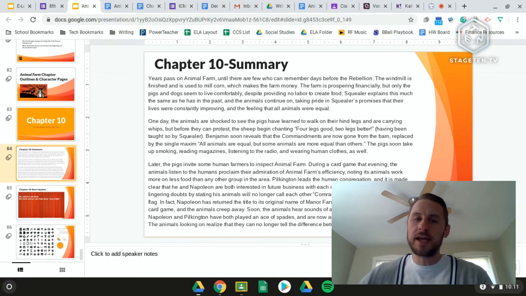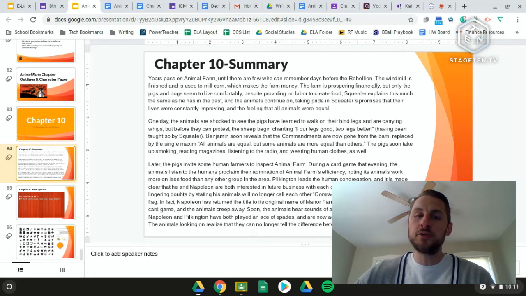But before they can protest, the sheep begin chanting, "Four legs good, two legs better," having been taught so by Squealer. Benjamin soon reveals that the commandments have been erased from the barn and replaced by the single maxim, "All animals are equal, but some animals are more equal than others."